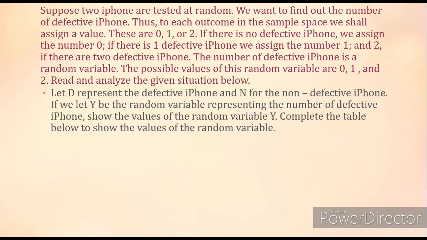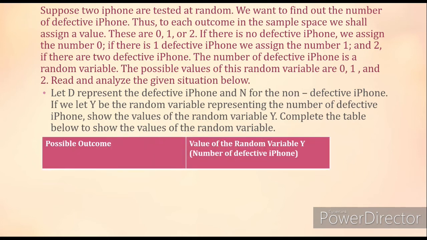So, in finding the value of the random variable Y, we have 2 steps to follow. First, we will have to find the possible outcomes, and then from the possible outcomes, we will have the value of the random variable Y by counting the number of defective iPhones.